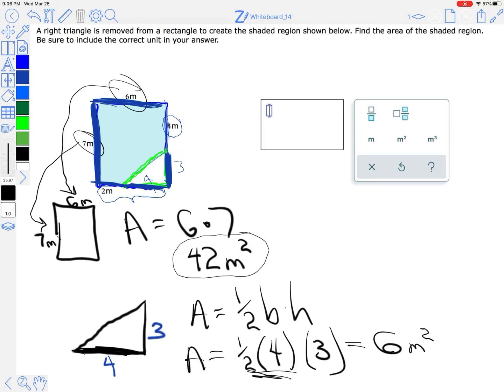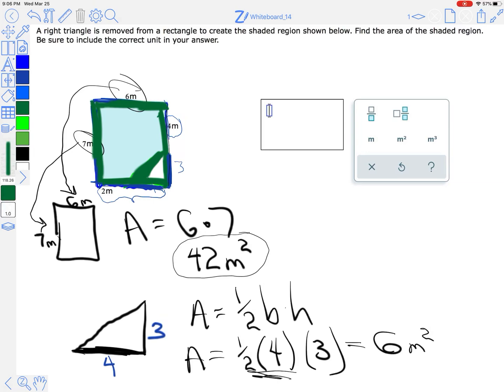So now I think we can answer the question. Find the area of the shaded region. Be sure to use the correct units. We found that this whole rectangle was 42. And this portion down in the bottom corner here was 6. So if I take 42 and subtract 6, that should leave me with the answer.